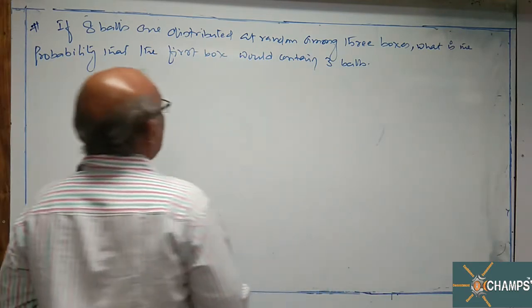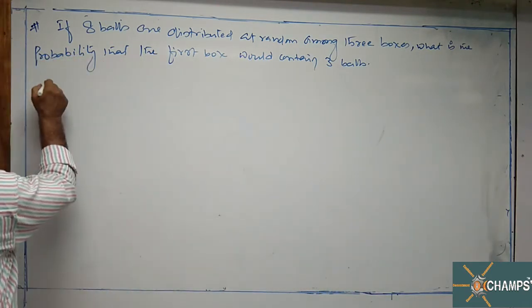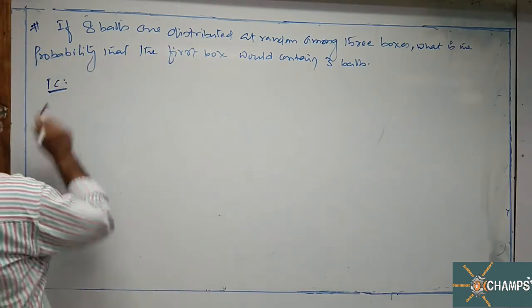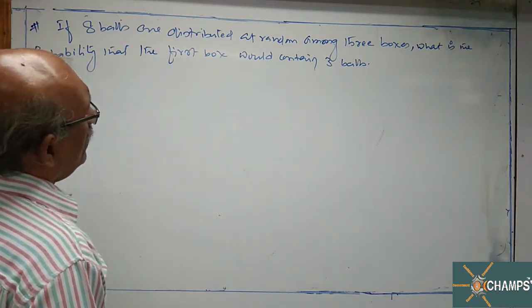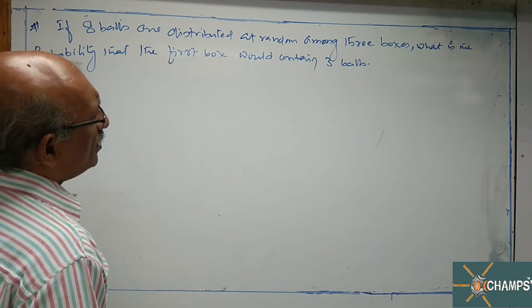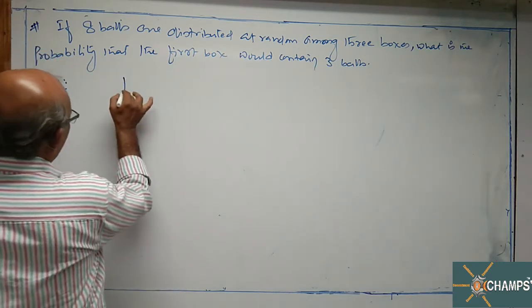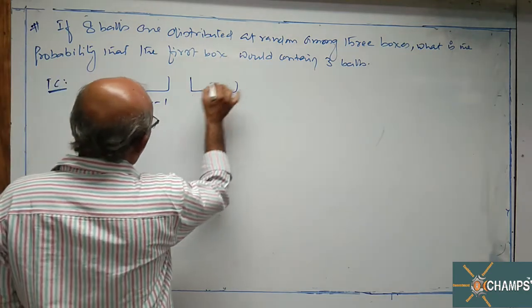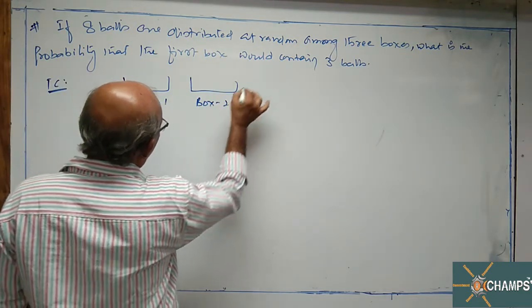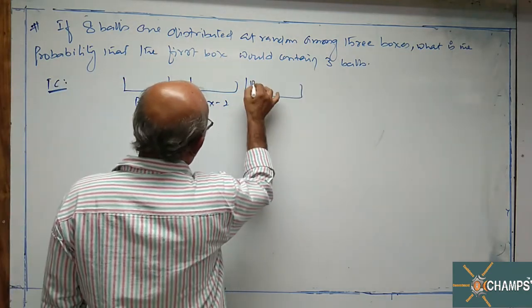Now what is given? 8 balls are there. So first calculate total number of cases. 8 balls are distributed at random among 3 boxes. Now look at this. This is box 1. This is box 2. This is box 3.